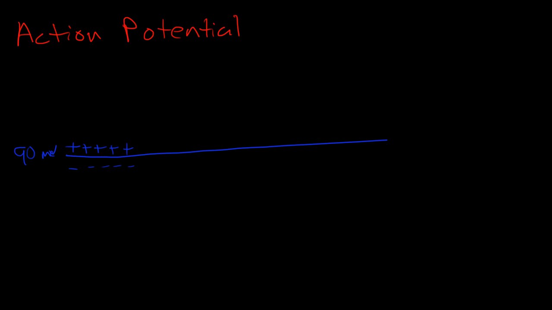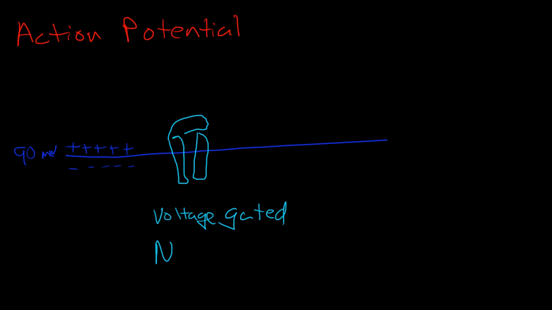Okay, so what occurs now, once we have this resting potential that's maintained by the sodium-potassium pump and the slow leak of potassium, is there are gates. Now this is a voltage-gated sodium channel.